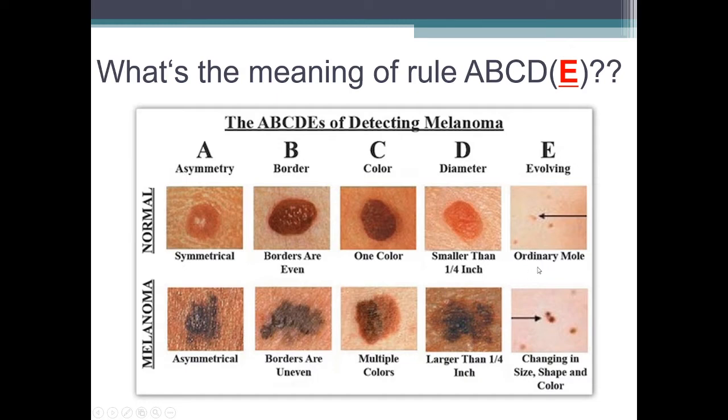From my point of view, in this rule the most important is the evolution, because the lesions are changing, have a tendency to change, and it depends. If it's benign, then there is some type of evolution, or if it is malignant, then there is a completely different type of evolution. But we have dermoscopes.